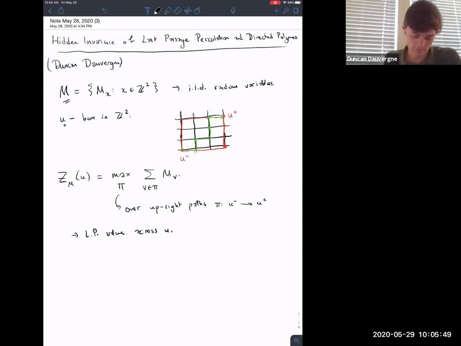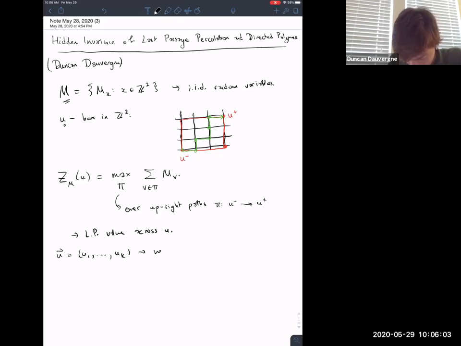Okay, and for later in the talk, I'll also use multi-path last passage values. So now if we have a vector U, so this is going to be U1 up to UK. This is a vector of boxes. I can define Zm of this vector U. This is now defined similarly.